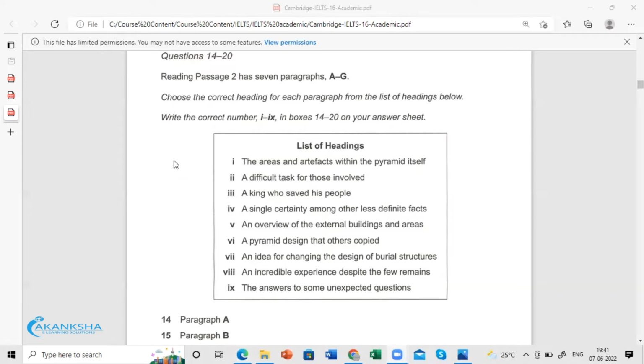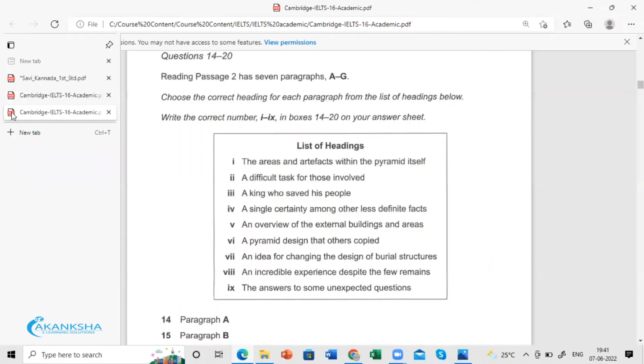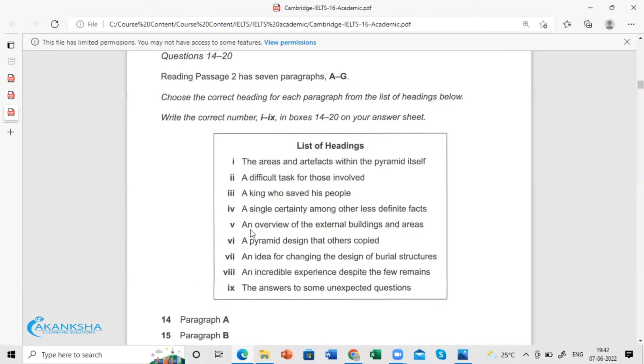A difficult task involved? They didn't discuss any difficult task so far. A king who saved his people? They don't discuss any saving thing here. It is only about how he ruled and all that. So the third one can't be matched. The fourth one we have already selected.